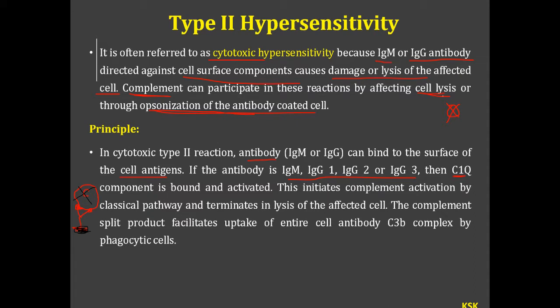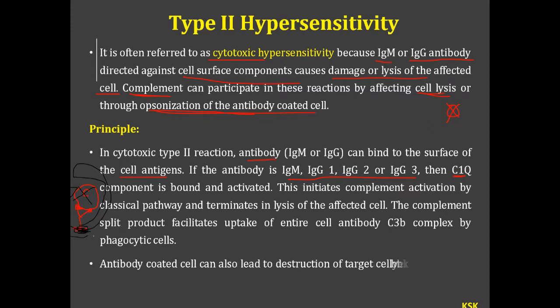That's why either the cell is lysed, or there is opsonization of the antibody-coated cell. The antibody is coated onto the cell, and the cell is completely lysed or damaged because of the complement. The complement split product C3b facilitates uptake of the entire cell-antibody complex by the phagocytic cell. It causes phagocytosis, and the complete cell is phagocytized.